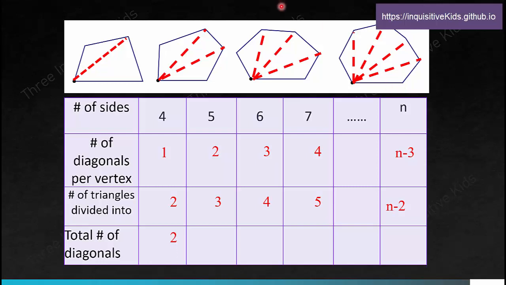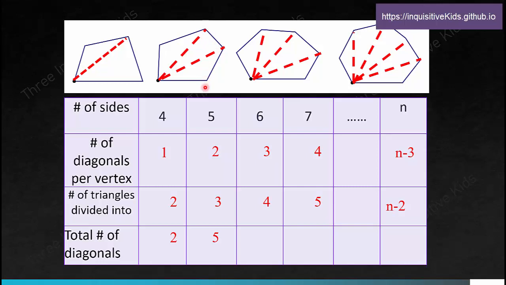So what is the total number of diagonals that I can have? For the quadrilateral, 2: 1 here, 2 here. Over here, the pentagon, it would be 5: 1, 2, 3, 4, and then 5. That will make up a perfect star.